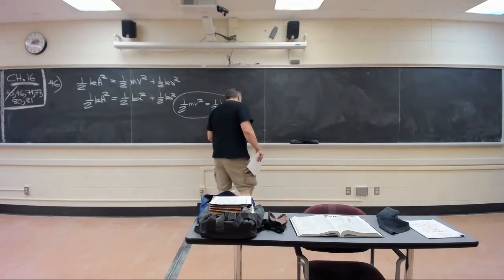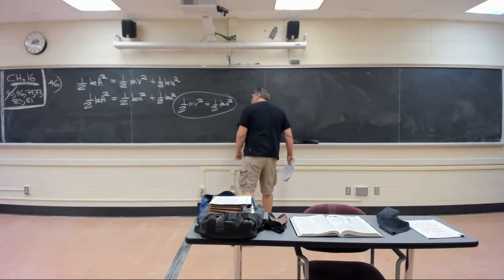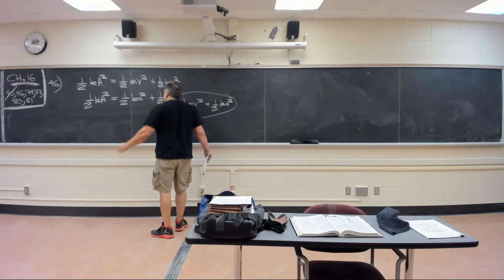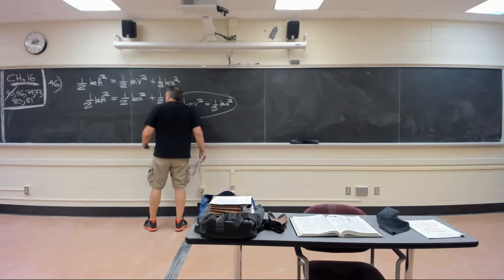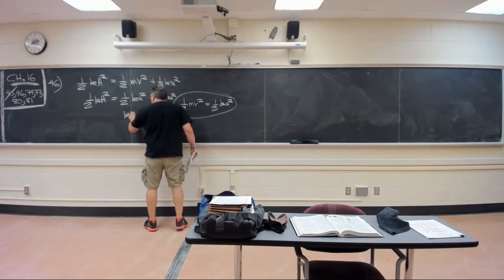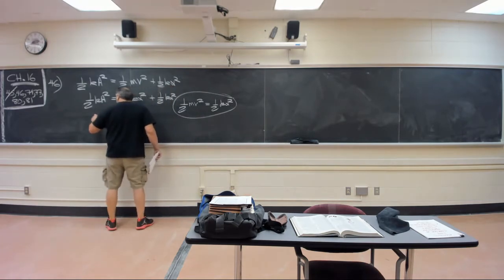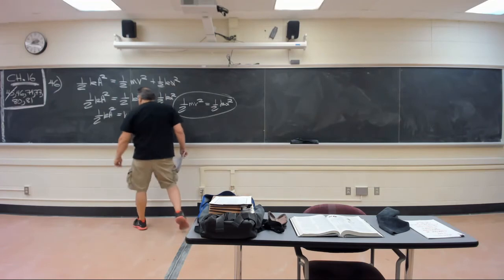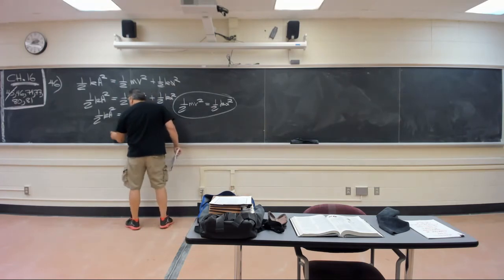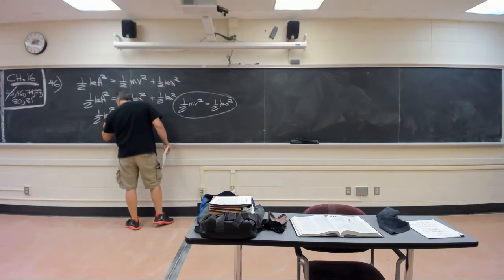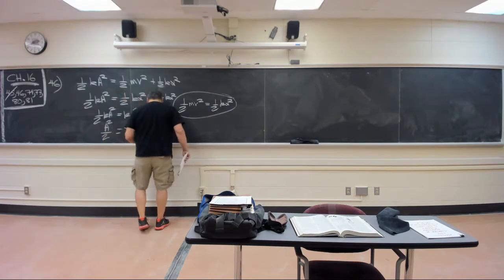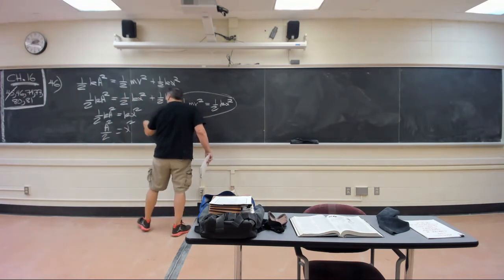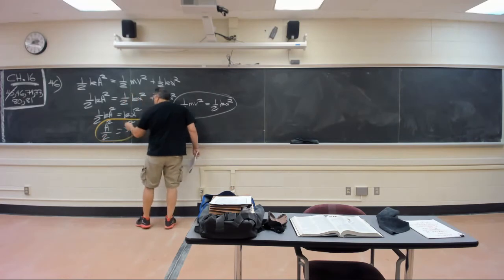There's a number of ways to go here, guys. Let me add 1/2 kx squared and 1/2 kx squared and get kx squared. Let me divide by k on each side. So it's really the key to the whole thing, guys.